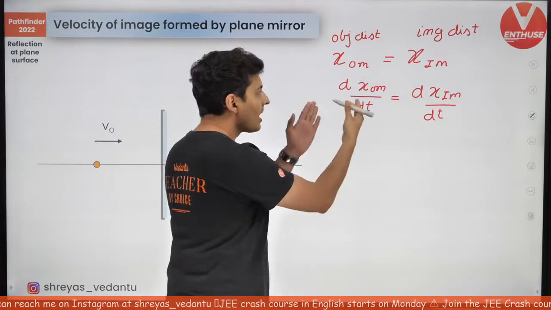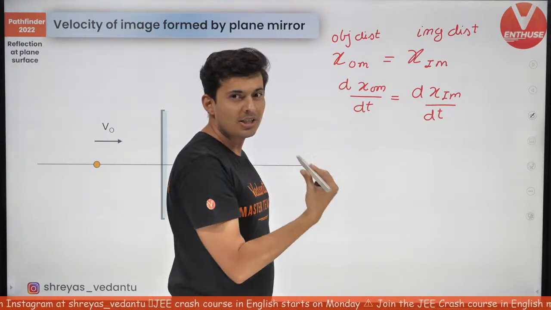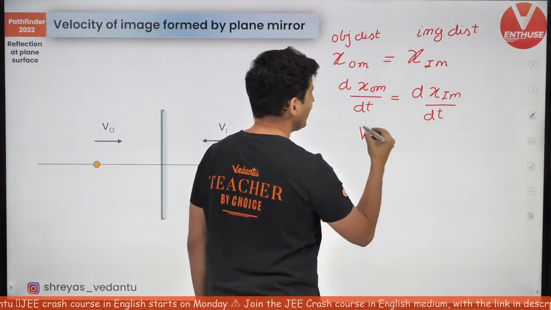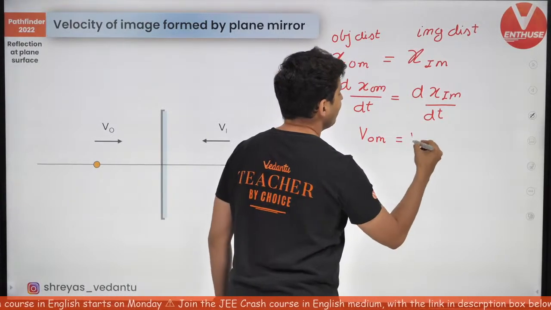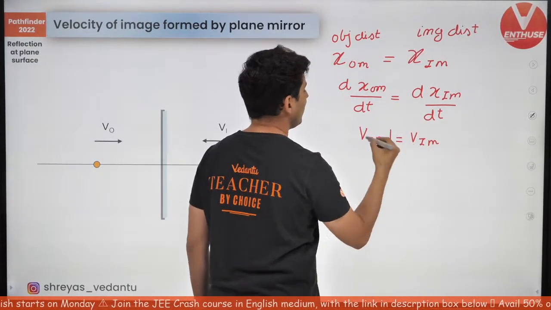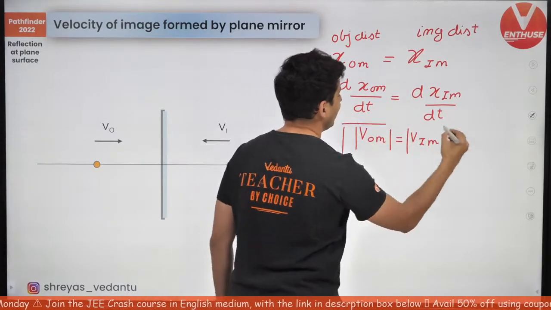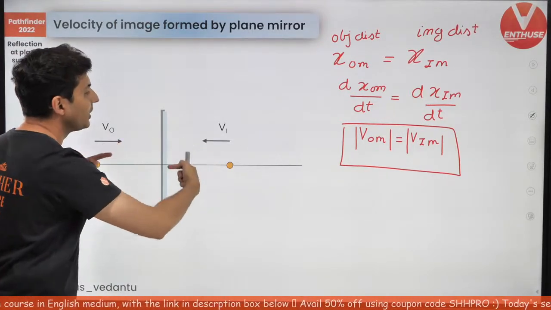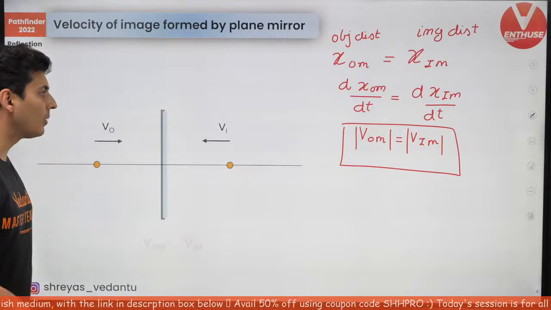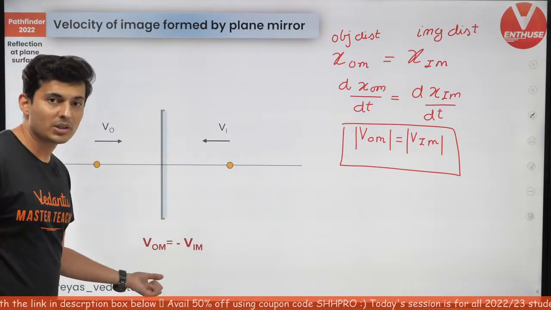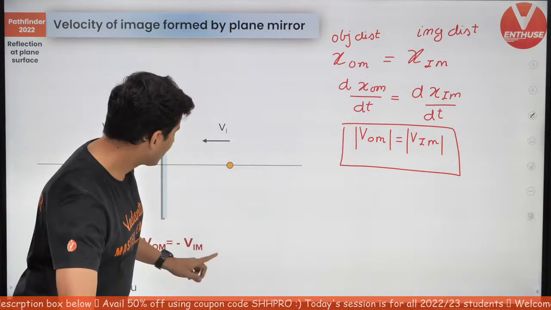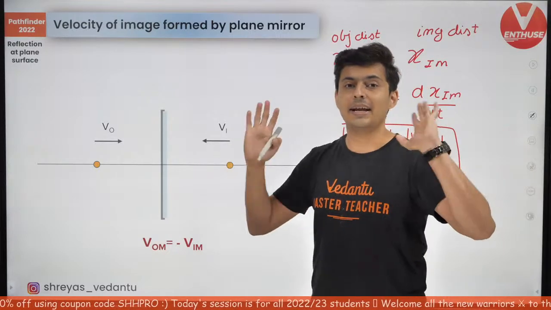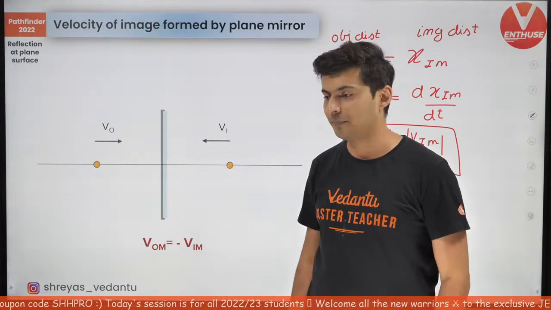Differentiating on both sides, I will get the velocity, because the derivative of distance is velocity. So the velocity of the object with respect to the mirror equals the velocity of the image with respect to the mirror. This is all magnitude wise, please keep that in mind. Very, very important. So if the object is going here, the image will be going the other side. The directions are opposite. Many books also put up the minus symbol over here. The minus symbol only stands for the direction. Otherwise, magnitudes are the same.